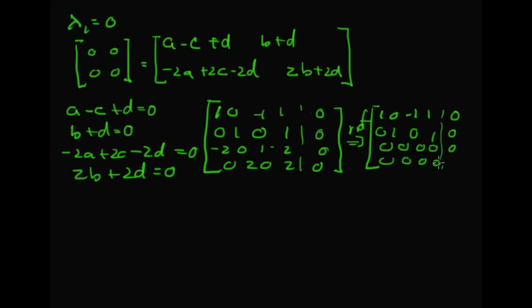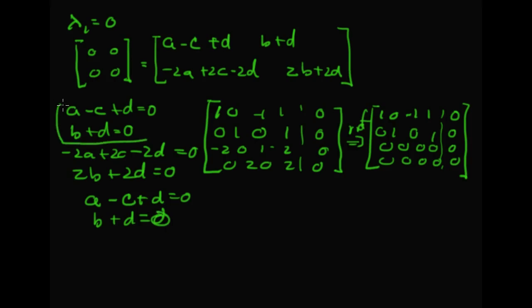All right, so this means I have 2 free variables here, okay? So A minus C plus D has to be 0, and B plus D has to be 0, right? So it's really just the original 2 equations up here because these are not linearly independent.